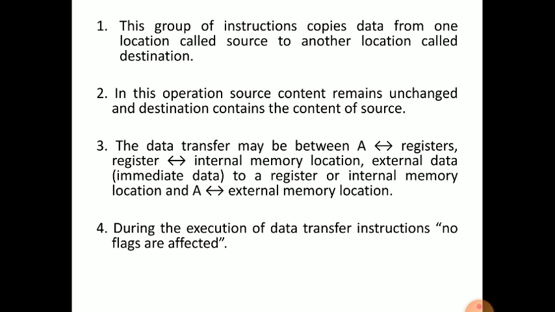The arrow has two sides pointed, so the data can be transferred from accumulator to register and register to accumulator is also possible, and register to internal memory location, and internal memory location to register is also possible, and immediate data to a register or internal memory location, and accumulator to external memory location.